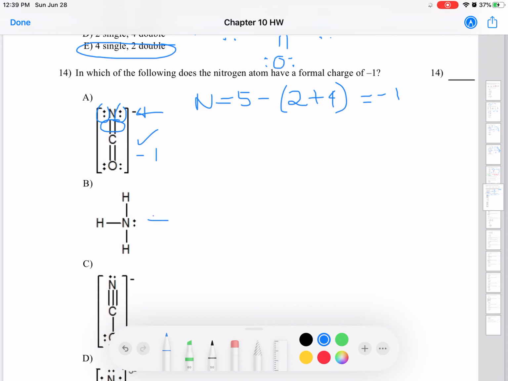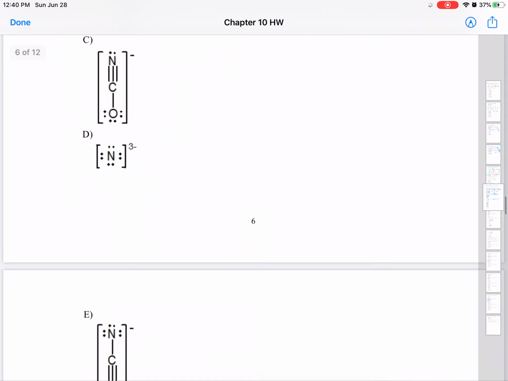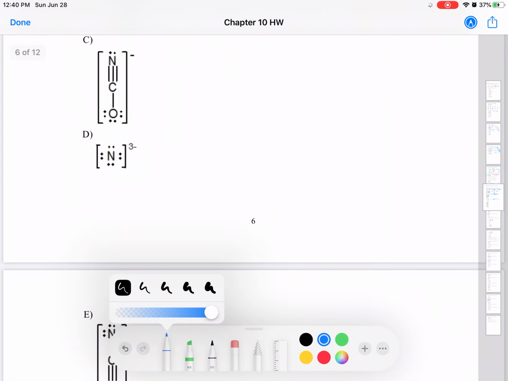What about this one? Let's calculate here also. Group number for nitrogen is 5 minus the number of bonds. The number of bonds is 3, plus the number of lone electrons, 2 on the nitrogen, 3 plus 2. So 5 minus 5, 0. And then the next one, nitrogen.